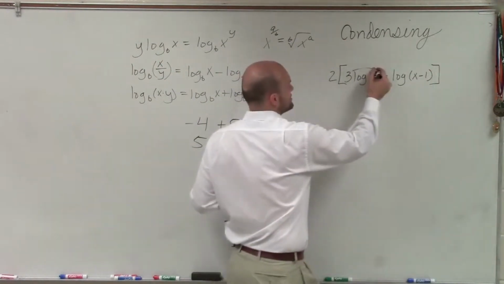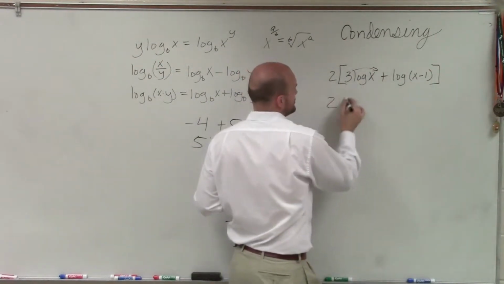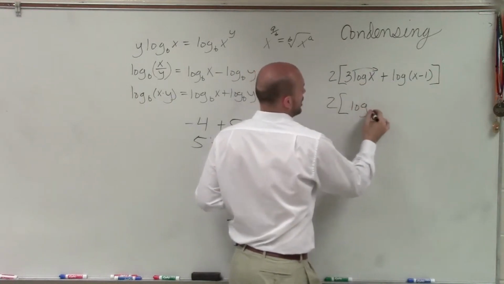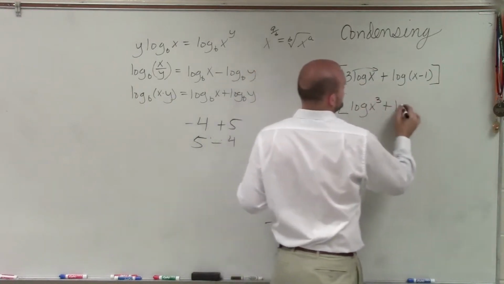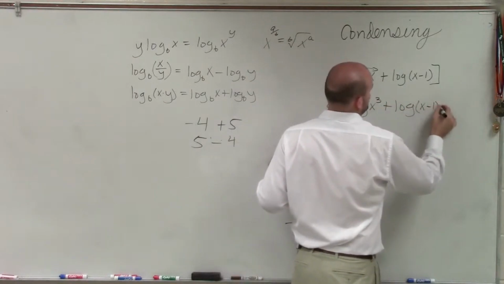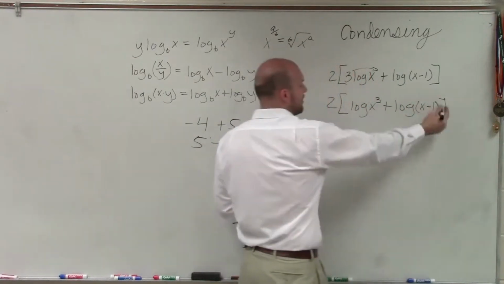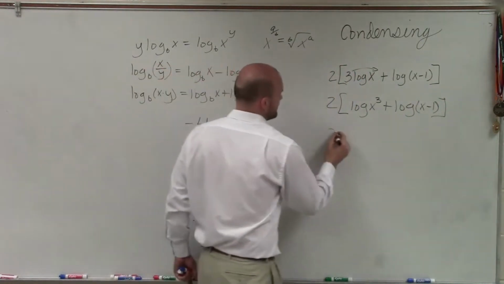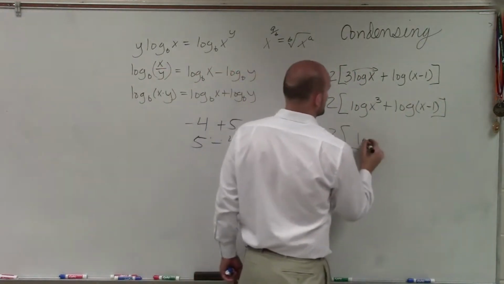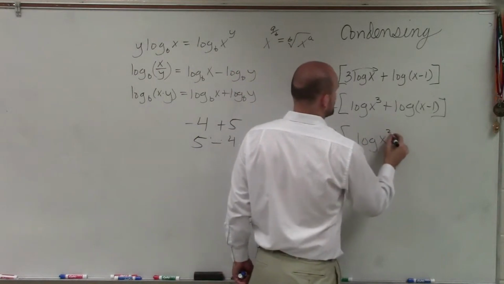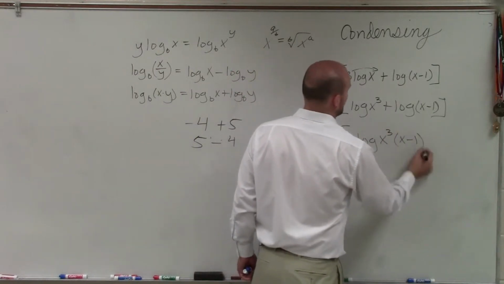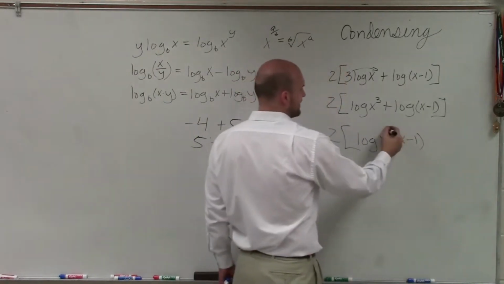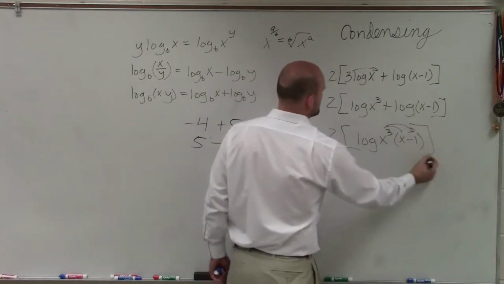So the first thing I can do is I can bring that x cubed up there. So I have 2 times log of x cubed plus log of x minus 1. Now I can multiply these. Since I have the sum, I can rewrite it as the product. So therefore, it's going to be 2 times log of x cubed times x minus 1. Well, ladies and gentlemen, we can simplify that by applying the distributive property.